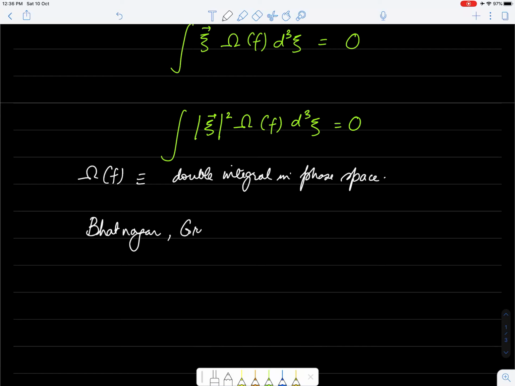Bhatnagar, Gross and Krook actually defined a form of the operator which is now called the BGK operator.